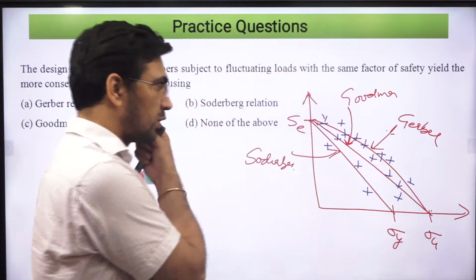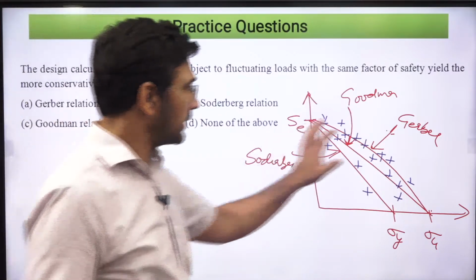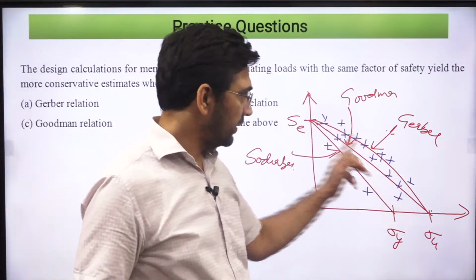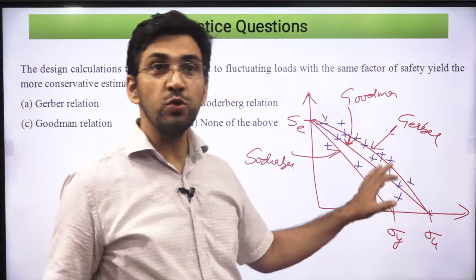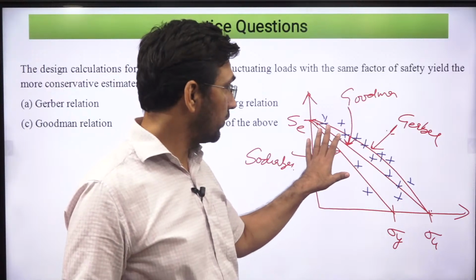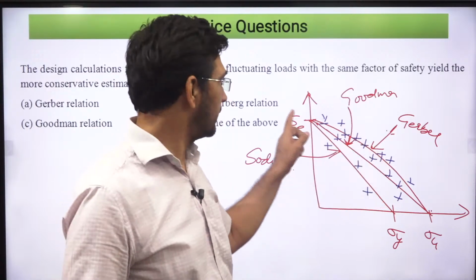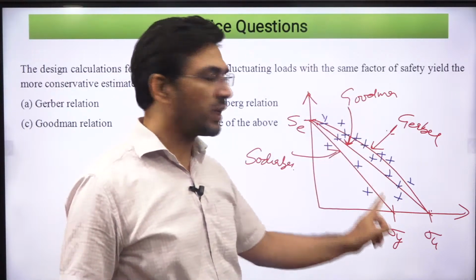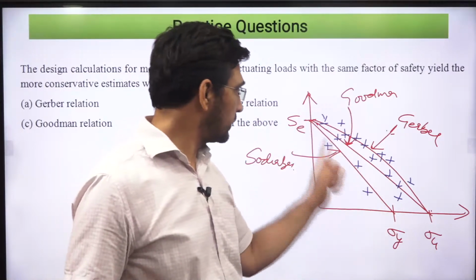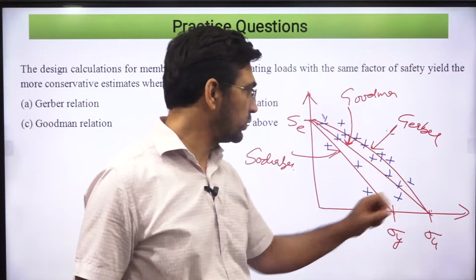Deliberately I have shown you these points, but this is how things are. These are the failure points, right? This is how the distribution of the actual failure points will be when you carry out the testing, and then these investigators use their own approaches to join these points. Soderberg used this approach, Goodman used this approach, Gerber used this approach.